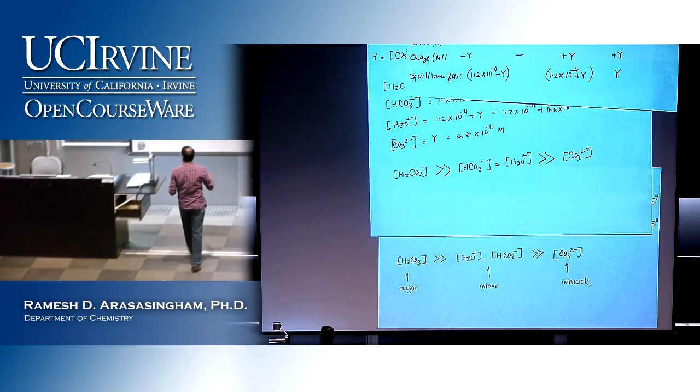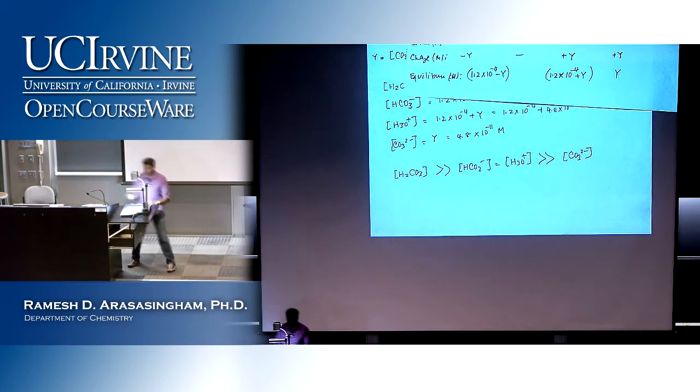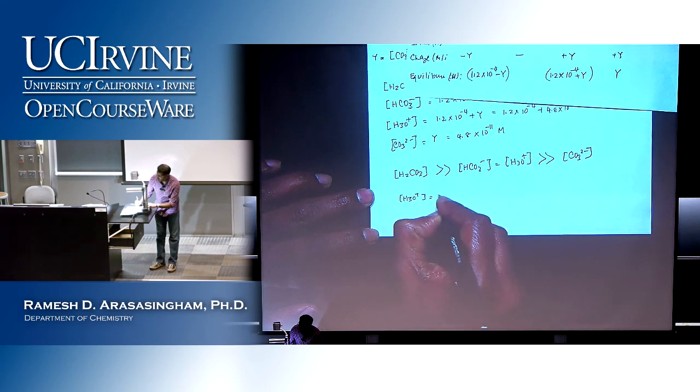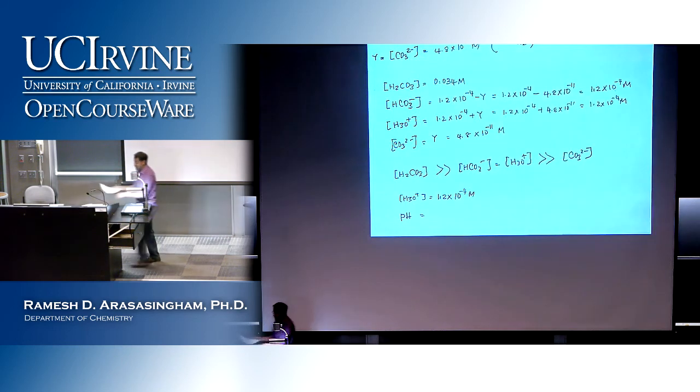Now finally, if they ask you to calculate the pH of this solution, then we know that the hydronium ion concentration equals 1.2 times 10 to the negative 4 molar. Therefore, pH would be the negative log of that.